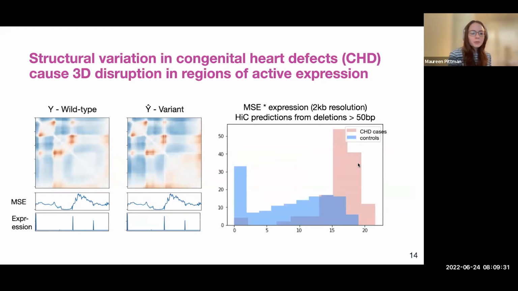And so when we collected all of the structural variants that were observed in CHD cases and scored that disruption level, we were also interested specifically in how those structural variants might be interacting with genes and with the regulation of genes.